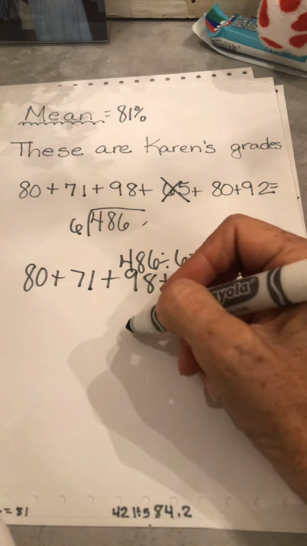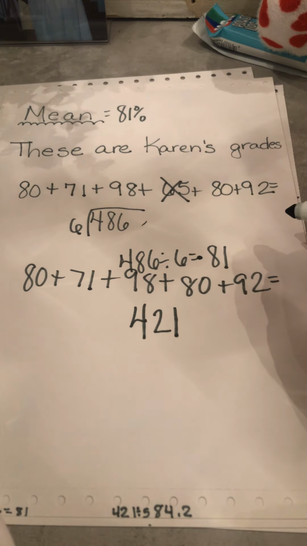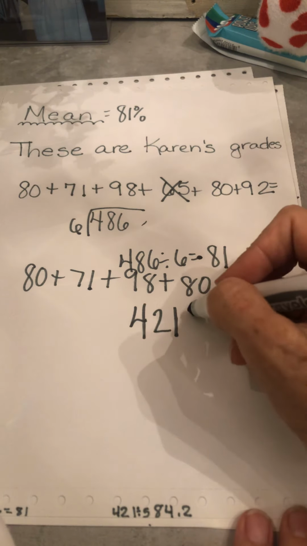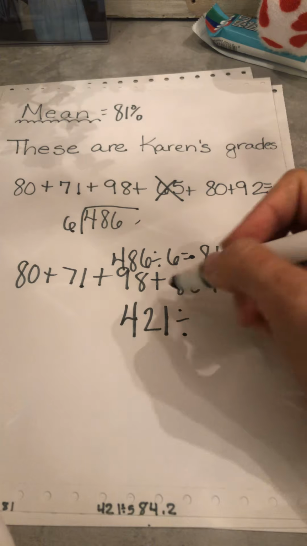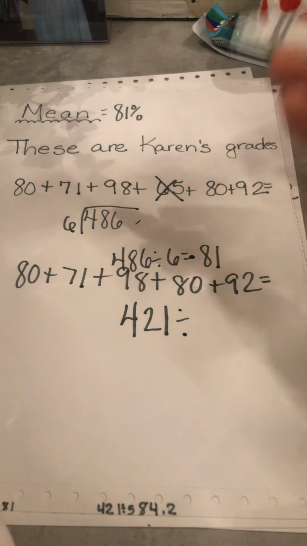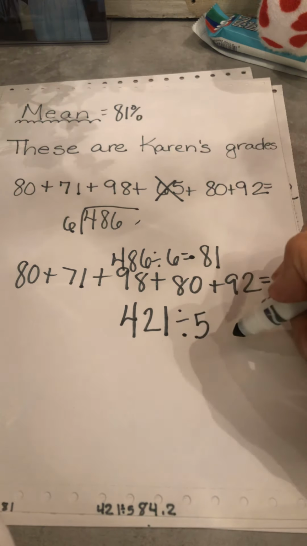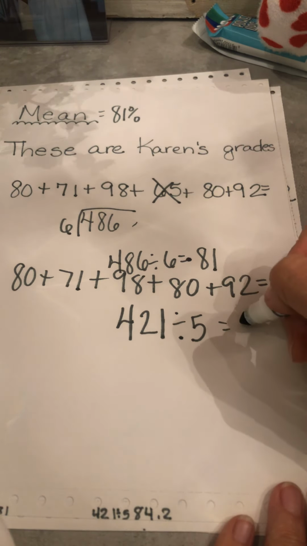When I do that, I get 421. Once again, in my calculator or by hand, I need to divide it. But this time I only have 1, 2, 3, 4, 5 grades. So I need to say 421 divided by 5.